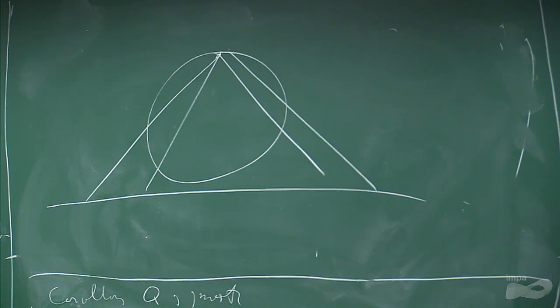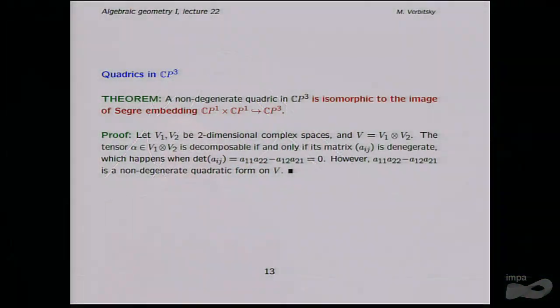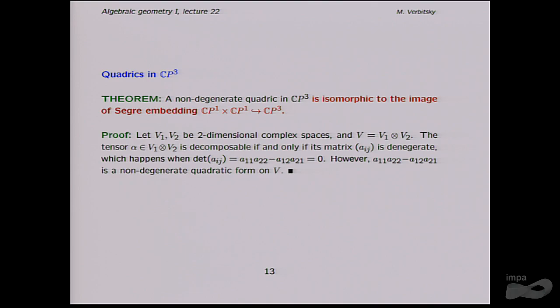Okay. Now let's work in P3. It's not hard to see now that a two-dimensional quadric Q inside CP3 is isomorphic to the Segre subvariety CP1 times CP1 in CP3, which corresponds to C^2 times C^2 being mapped isomorphically to C^4.